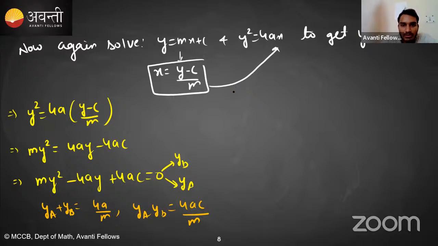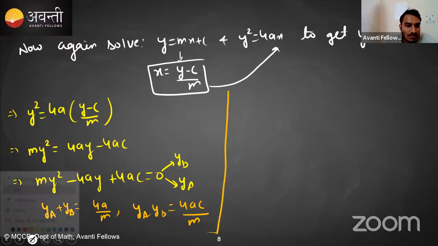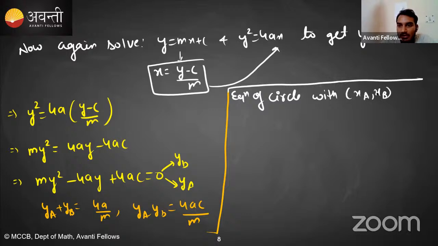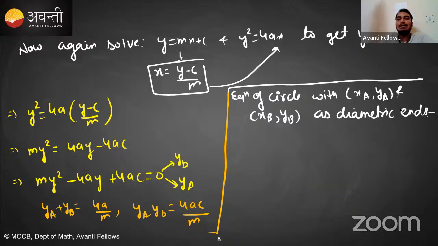Okay. So now, students, if I ask you the equation of circle with xa comma ya and xb comma yb as diametric ends, what would be that equation?